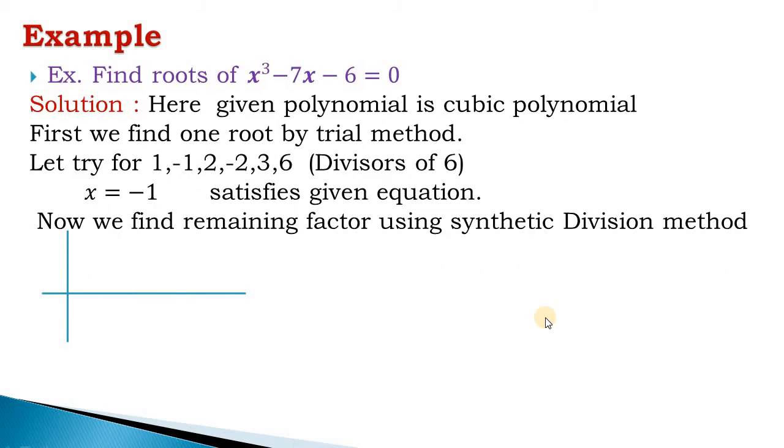Now a similar example for a cubic polynomial: x cube minus 7x minus 6 equals 0. So here is the cubic polynomial, and we find one root by the trial and error method. The constant term is 6, and the divisors are plus minus 1, plus minus 2, plus minus 3, plus minus 6.